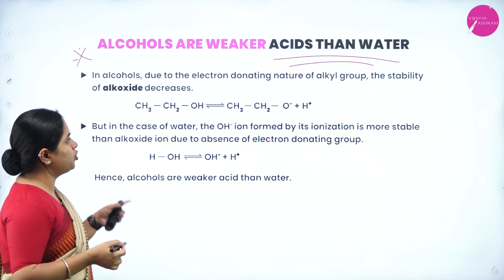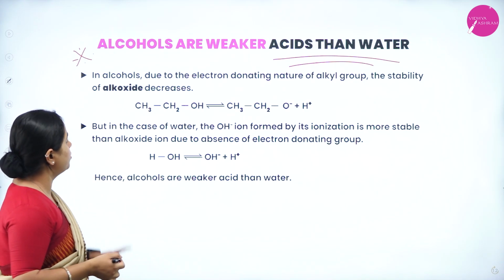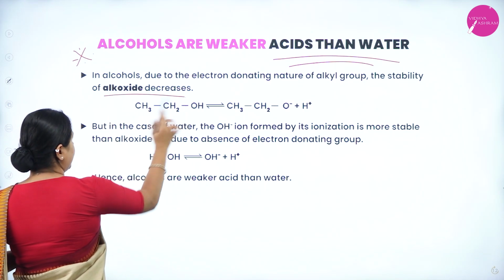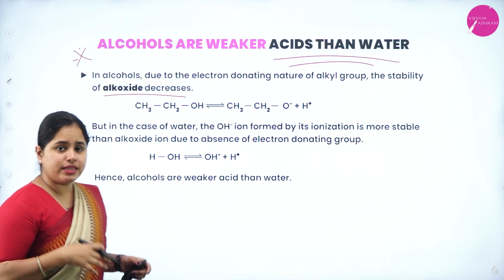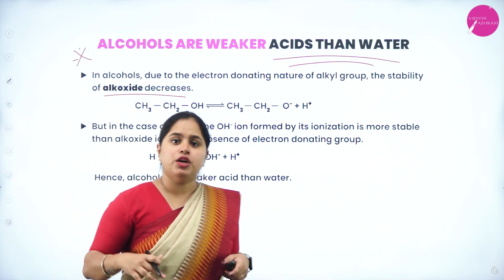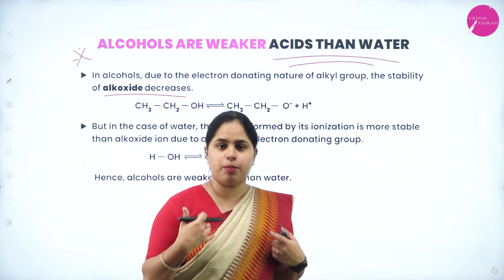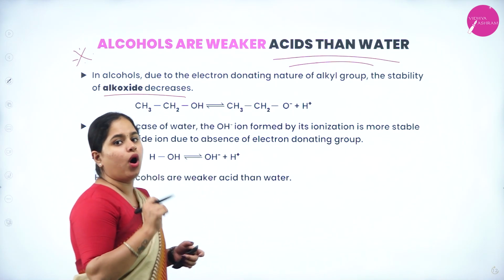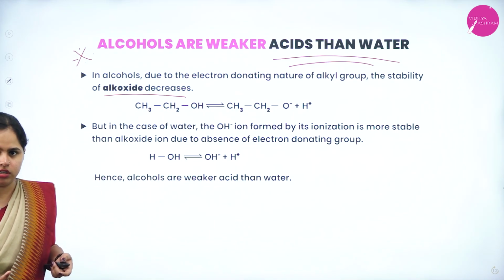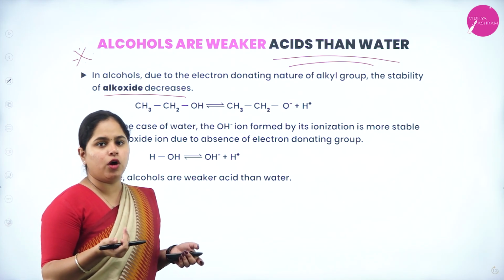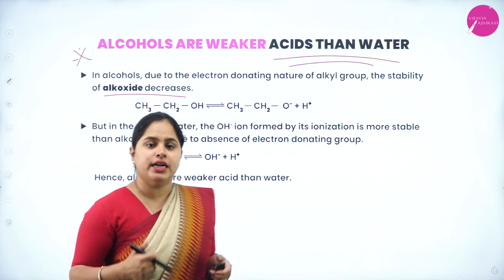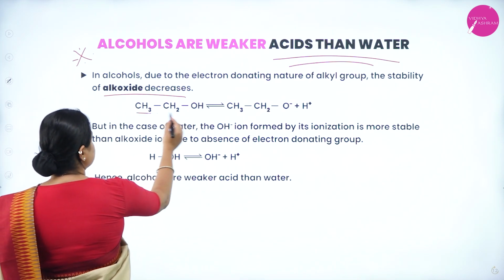Now, in alcohols, due to the electron donating nature of the alkyl group, the stability of the alkoxide ion decreases. So, in the case of alcohols, when it donates its H plus, that is, the proton is removed, an alkoxide ion is formed. When the alkoxide ion is formed, its stability keeps decreasing. As you can see here, this is ethanol.